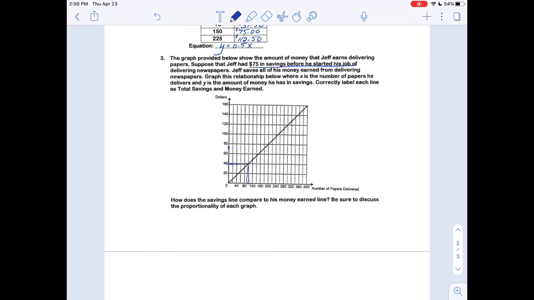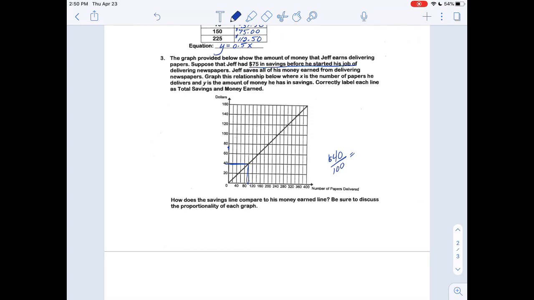And this would be 40. So when I look at that unit rate of what it was beforehand, that would be 100 papers, sorry. $40 for that 100 papers gives me that 40 cents per paper.